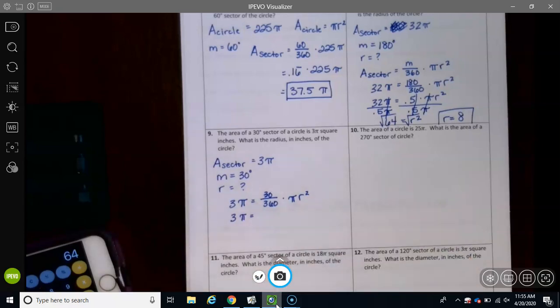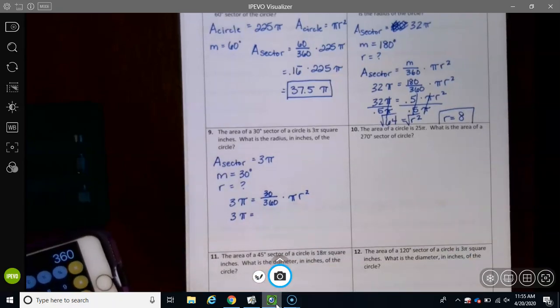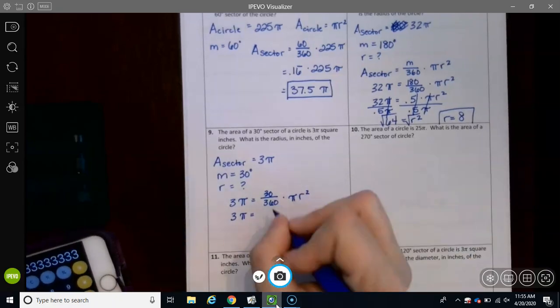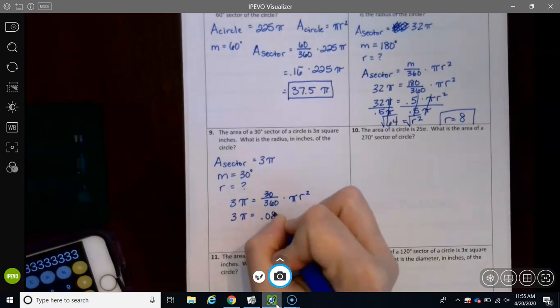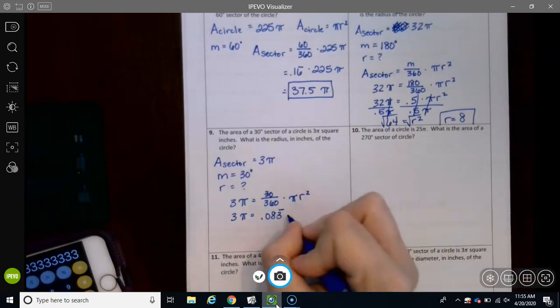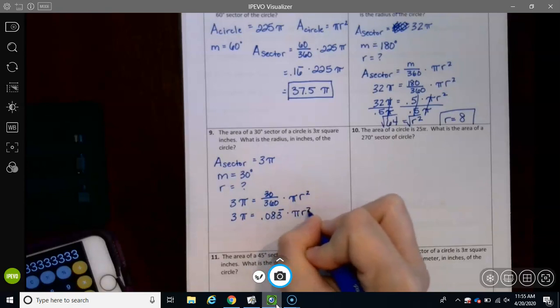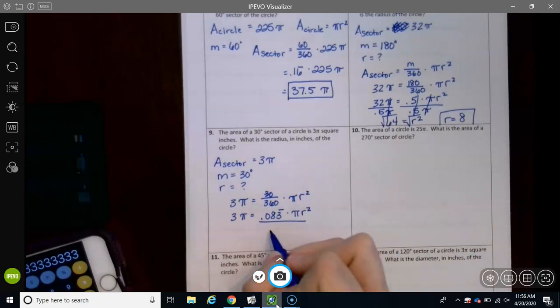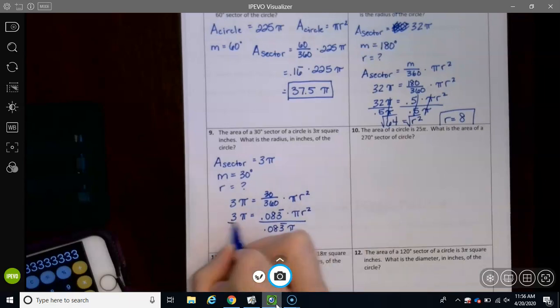So 30 over 360 gives me 0.08 and 3 repeating times that pi r squared. So we're going to divide both sides by that 0.083 repeating pi.